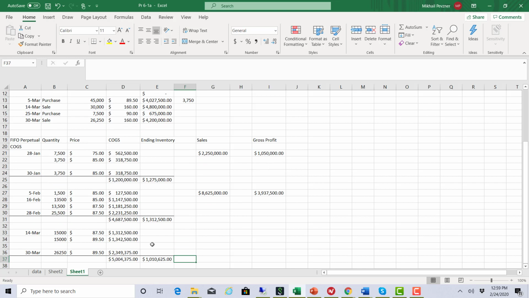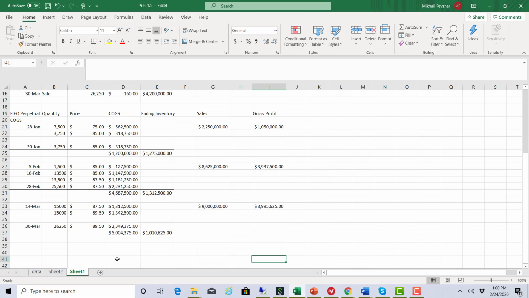And finally, in March, sales were again this number plus this number, minus cost of goods sold of 504,375, giving 391,625. So that's how you do the problem under FIFO.